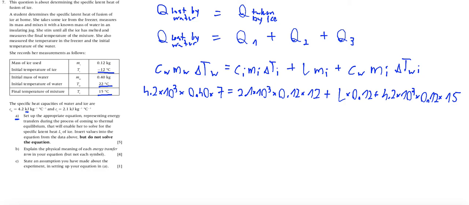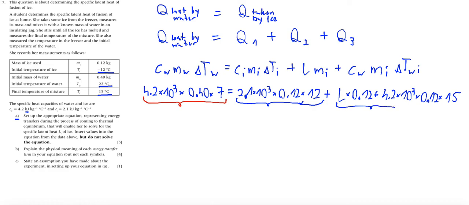Explain the physical meaning of each energy transfer term in your equation, but do not explain each symbol. So first, this is the thermal energy which is lost by water. Second, this is thermal energy which is gained by ice to change the temperature to its melting point.